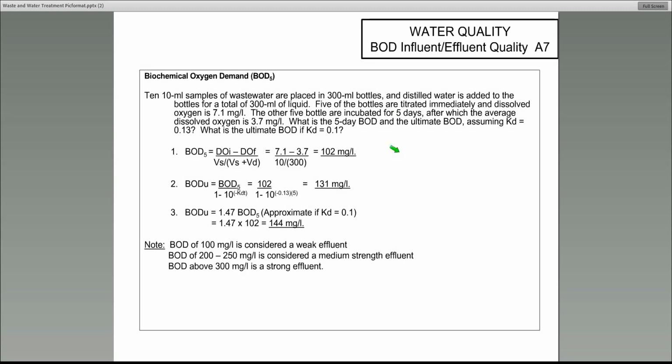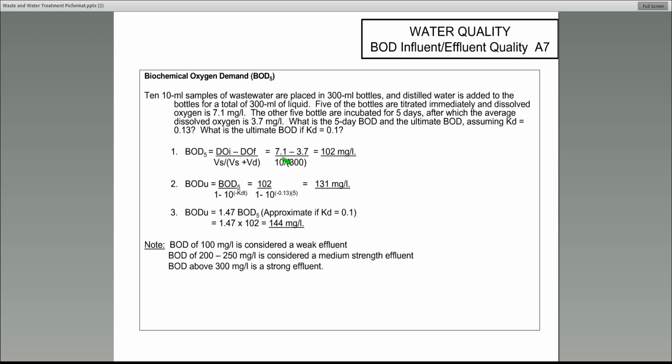So whatever the DO is before you incubate them, the average of the 5 samples that don't go through incubation, you can see that the DO goes from 7.1 to 3.7 after it's incubated. In other words, the biochemical oxygen demand, or the bacteria, use up 3.4, the difference of these two, of the oxygen. Then the volume of the sample that you're putting in there is only 10 milliliters of wastewater.